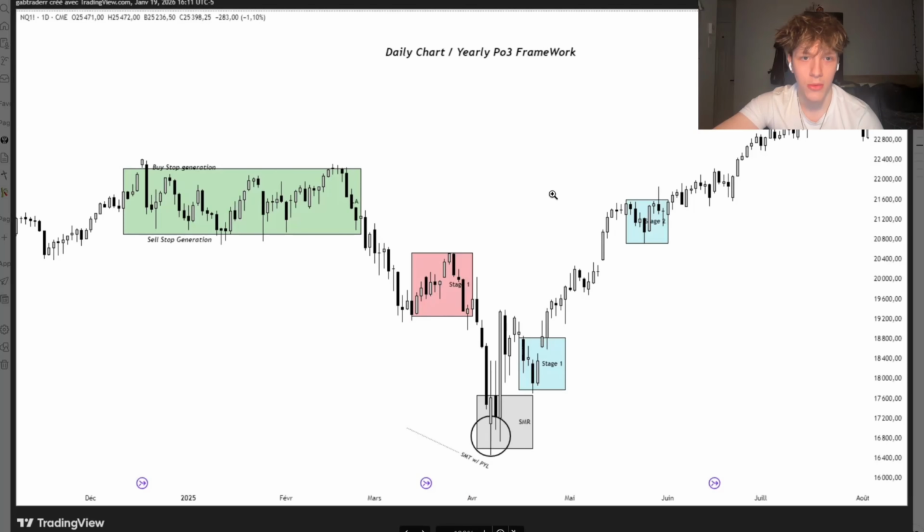As you can see there, that's a market maker buy model. That was last year's yearly power of 2. So we accumulate, first stage distribution, accumulation, whatever you want to call it, done. And then right there we have an SMT with the previous year low, meaning we have a significant PD area that I will talk about just after that.